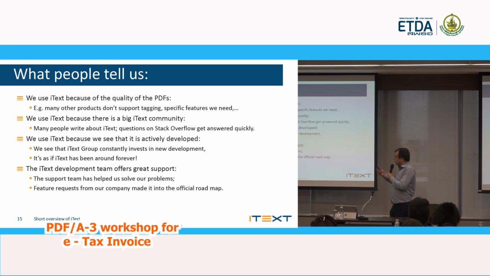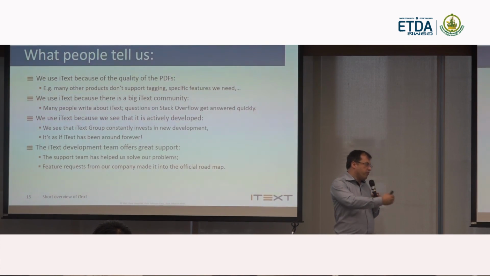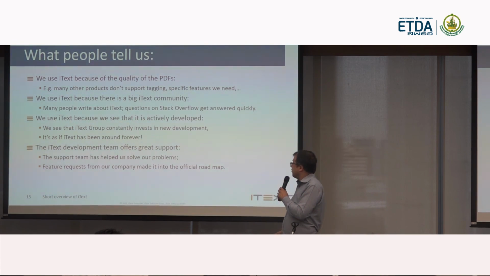And then some people really are happy about the support that we offer. Some people say the support team has helped us solve our problems. Although, as I said before, we really prefer to be the tier 2 supplier, the second line, and have a partner company like Inbatech do the first line of support. And we help people who give first line support to support the end customer. And feature requests from our customers made it into the official roadmap.